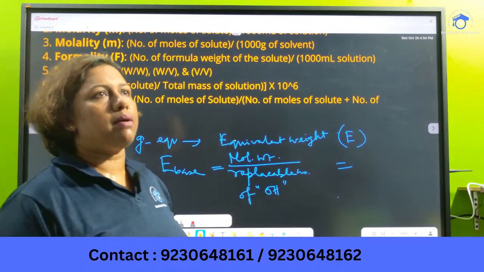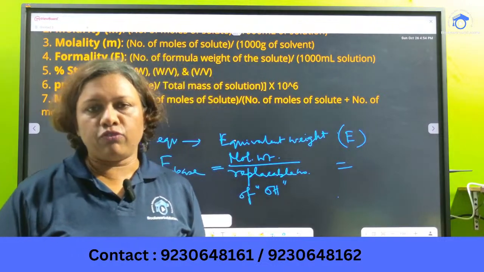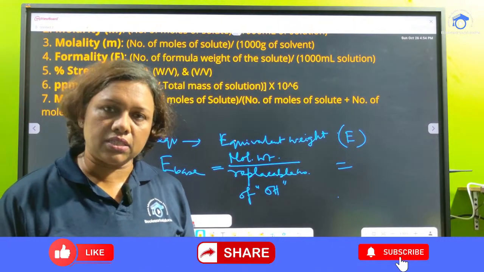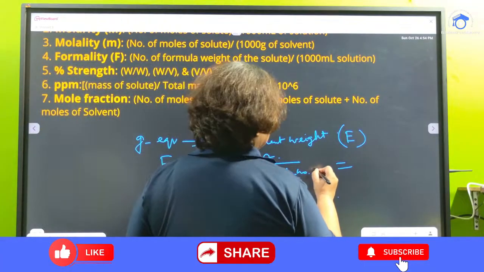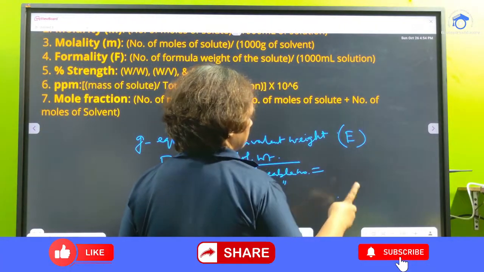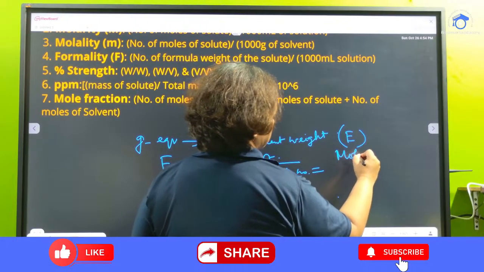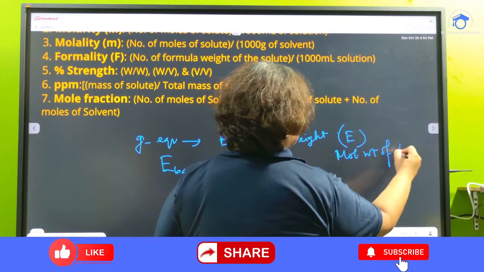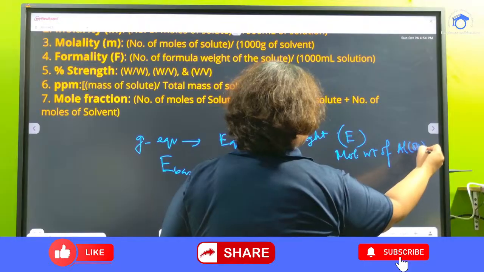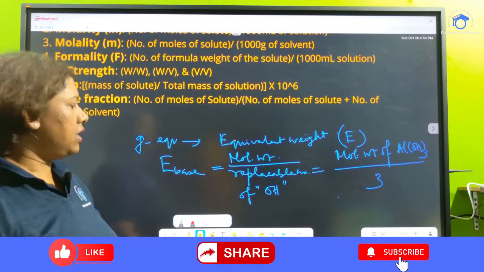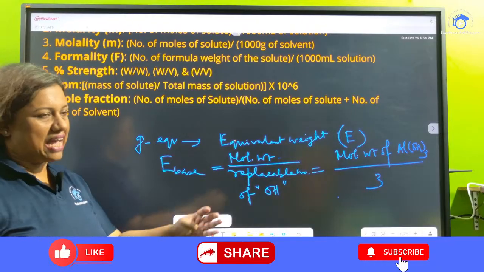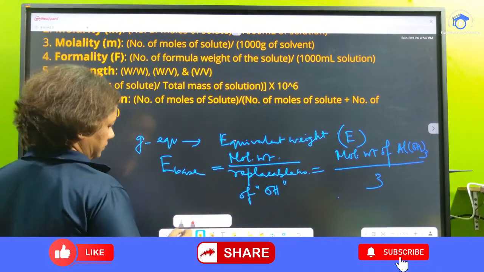As for example, aluminium hydroxide, the formula is Al(OH)3, then the replaceable OH will be 3, then the molecular weight divided by three. Clear? Now the equivalent weight of salt, acid, base and salt.